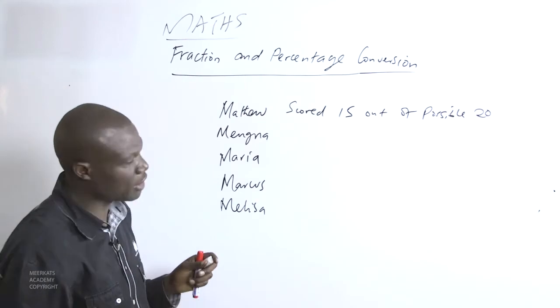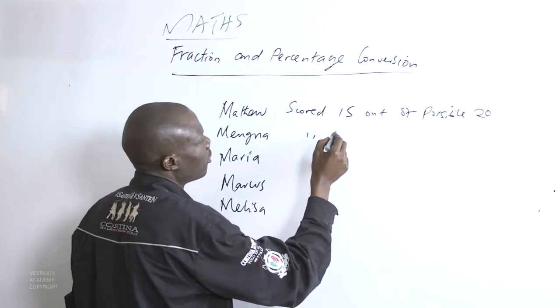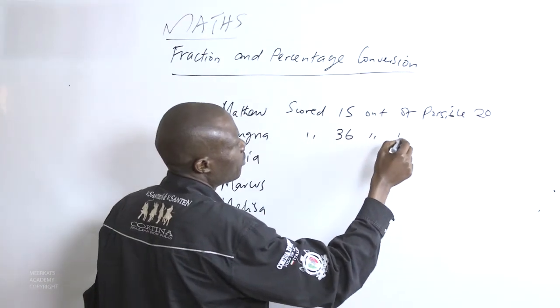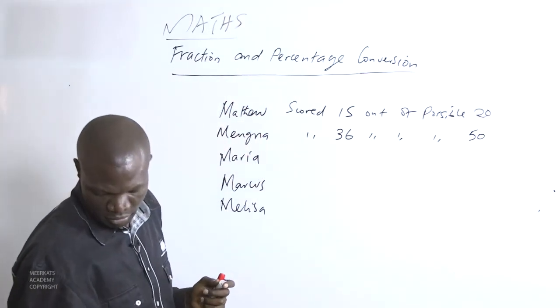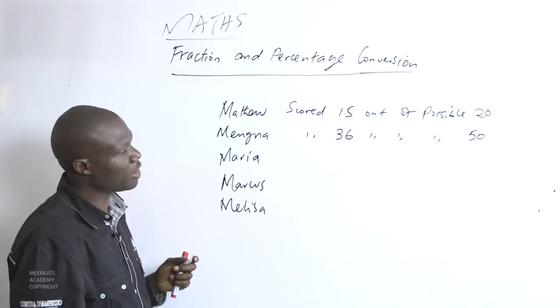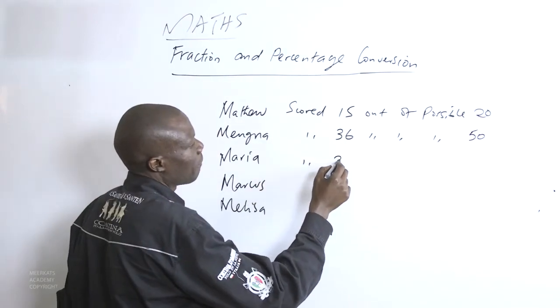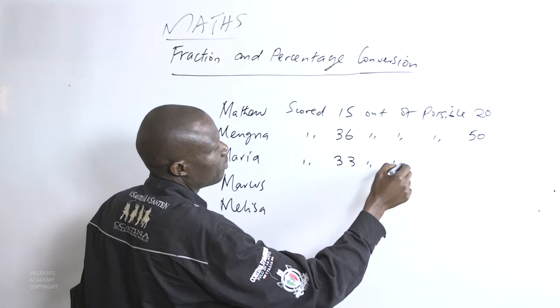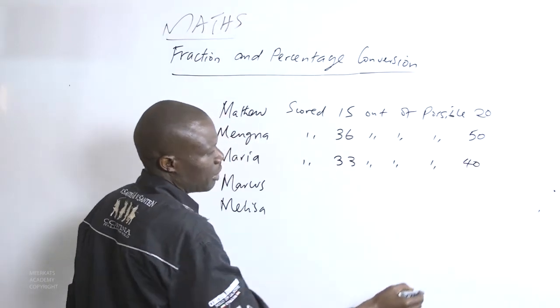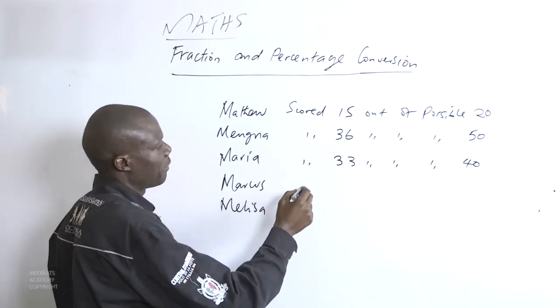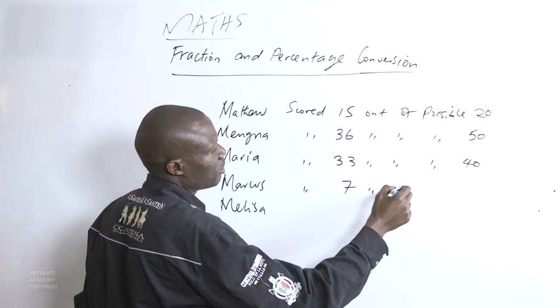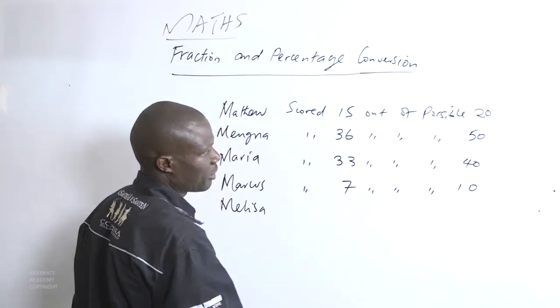Magna scored 36 out of the possible 50 marks. Maria scored 33 out of possible 40 marks. Marcus scored 7 out of possible 10 marks.